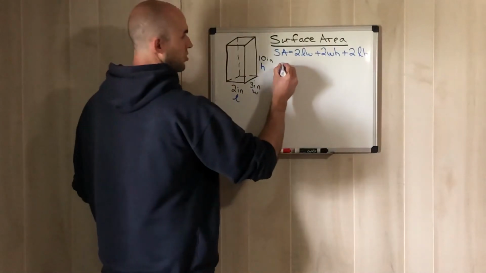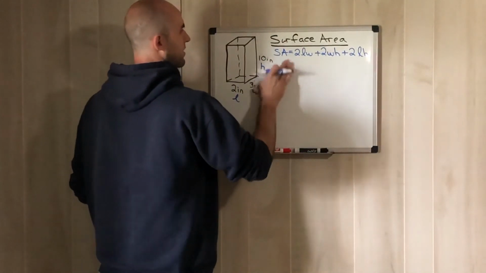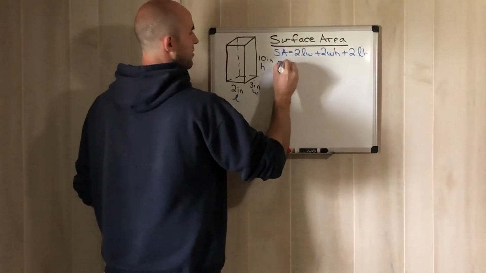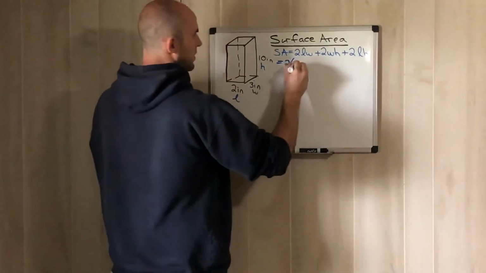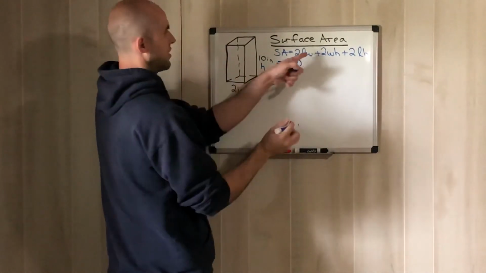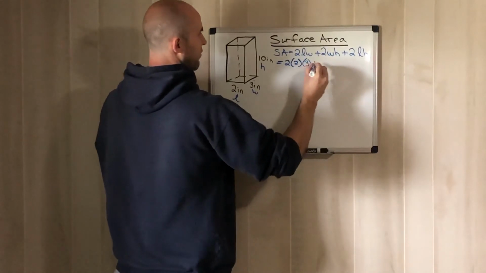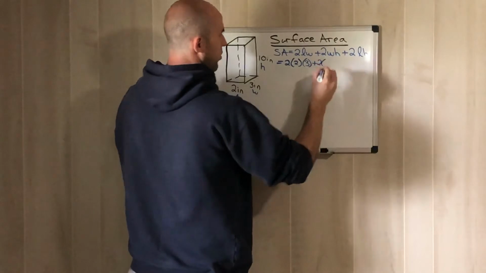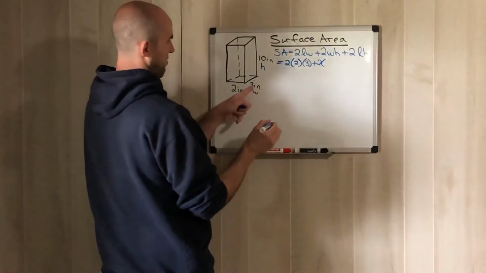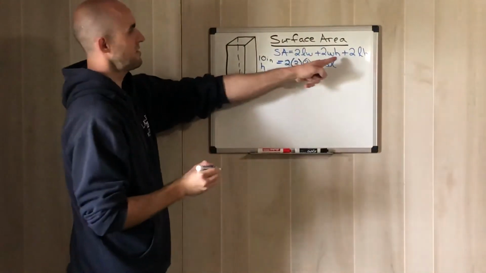And now we're just going to substitute. We know the length is going to be 2. We know that the width is 3. For the second part, it's going to be 2, the width is 3, and the height is 10.